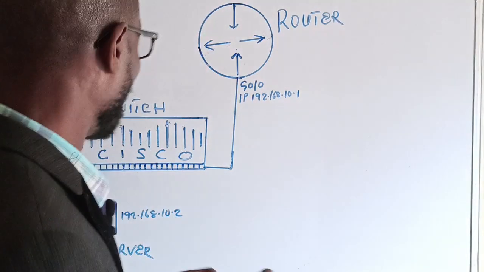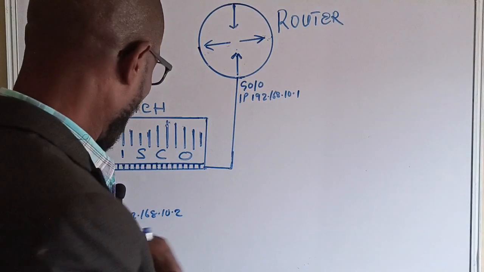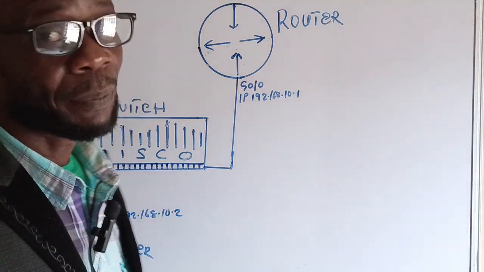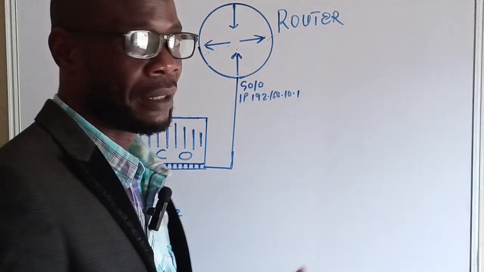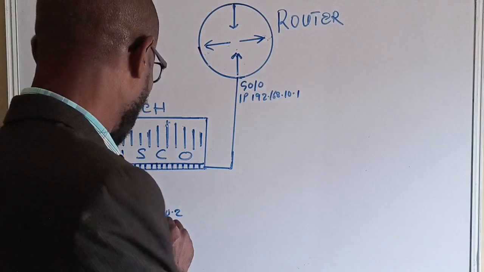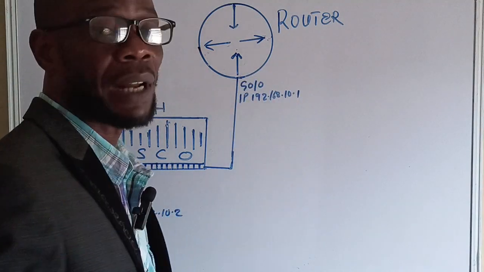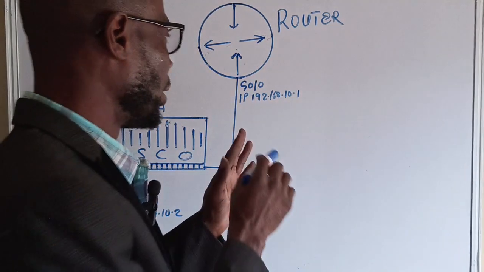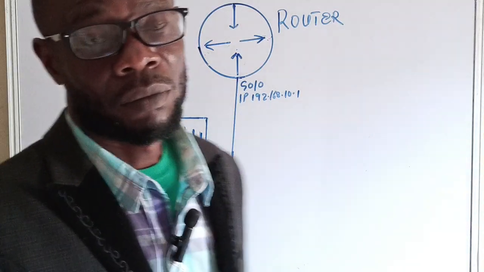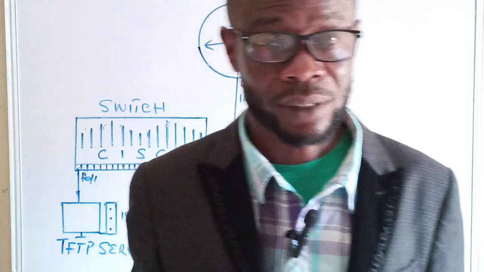Number two, you must make sure that the TFTP server is accessible from the router, meaning that the TFTP server must be able to ping or communicate with the router. Another thing is that the IP addresses must be in the same subnet.